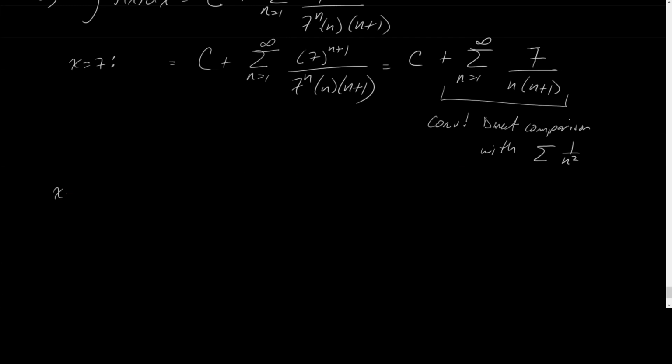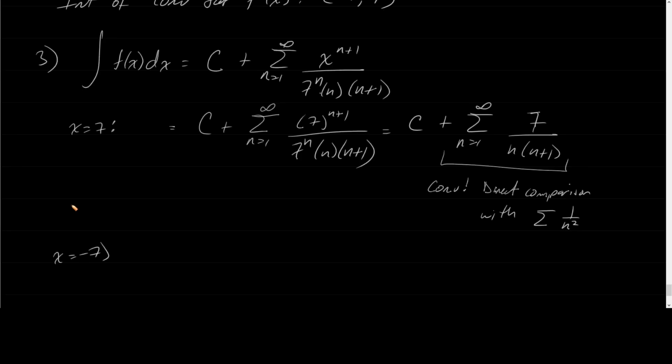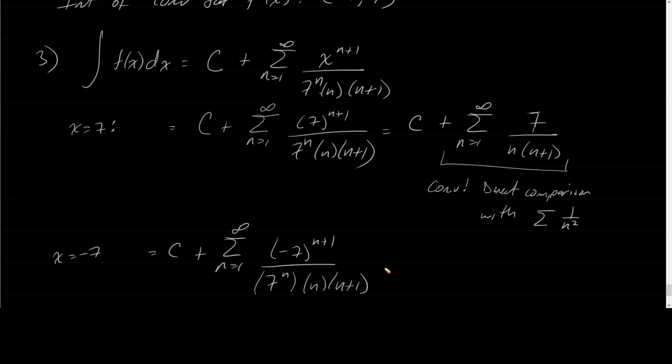But now what happens at x equals -7? Well, when we plug in -7, we get the following. We get c plus the series from n equals 1 to infinity of -7 to the n plus 1 over 7 to the n times n plus 1.